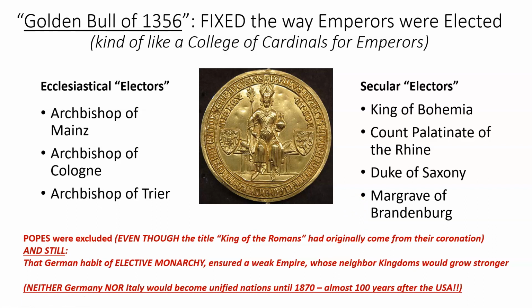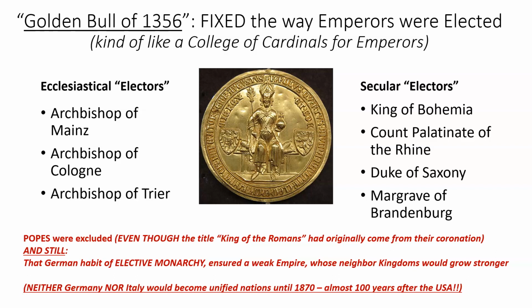Even though Otto and Charlemagne both became king of the Romans because the Pope had crowned them. By this point, with all the competition between emperors and popes, the popes directly have been excluded. Now you have three archbishops, but not the Pope, right?